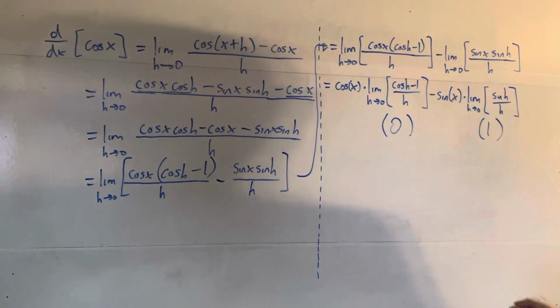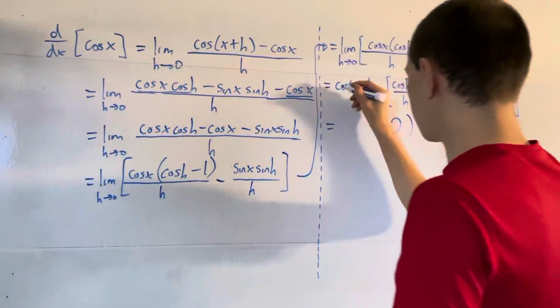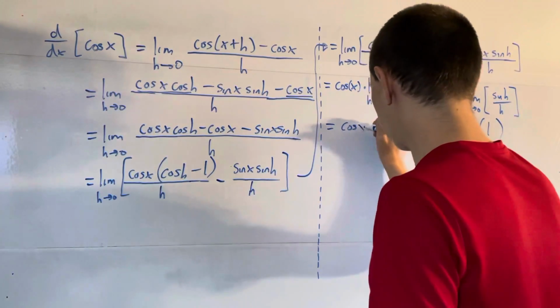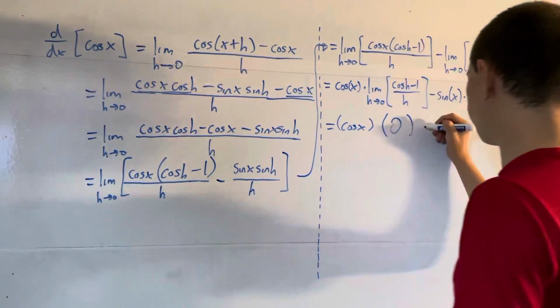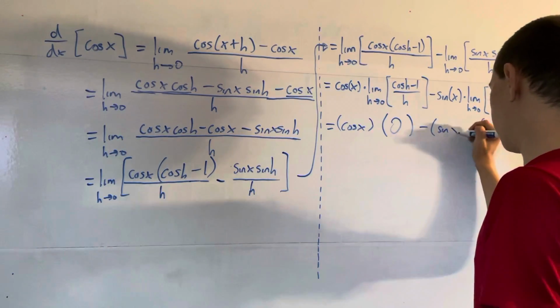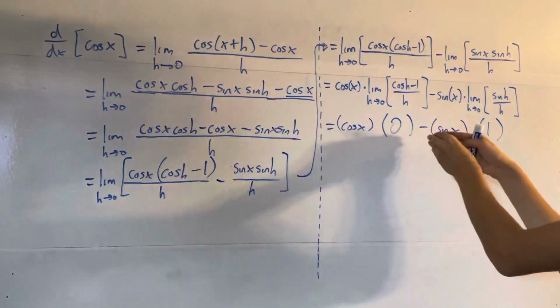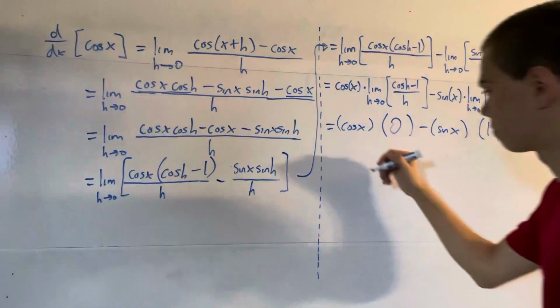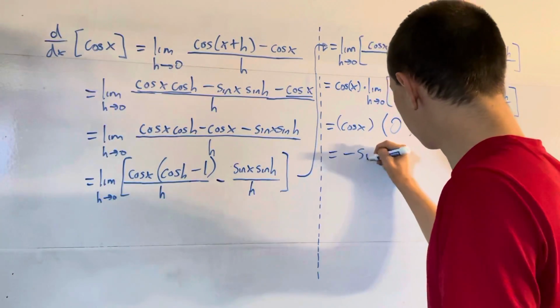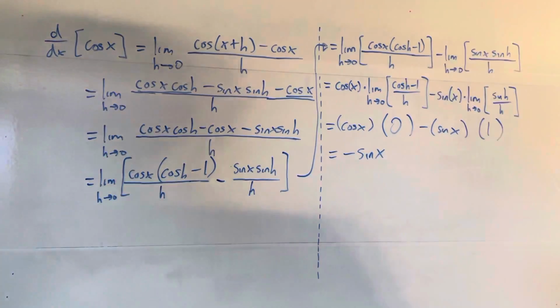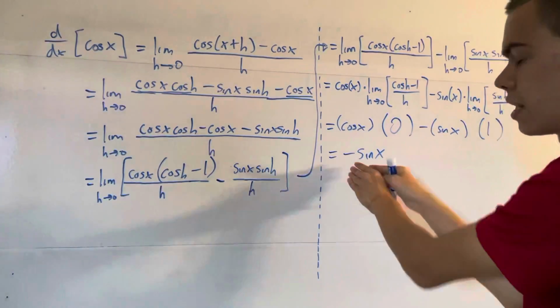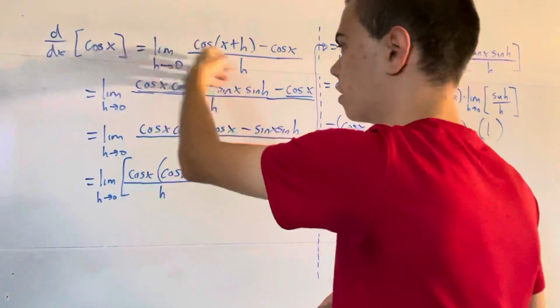Right? Anyways, this is cosine of x times 0. And this is minus the sine of x times 1. And since this is just 0, all we're going to be left with is the negative sine of x. So this right here would just be the negative sine of x. And that is the result we get for this limit.